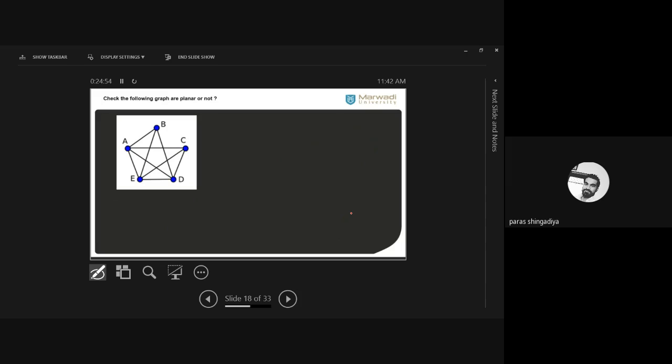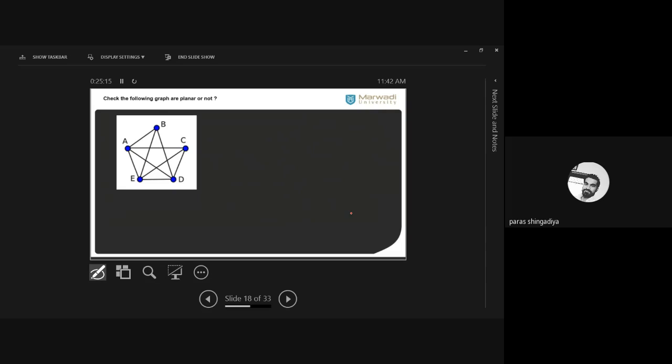Now try this one. Here it is the embedding procedure. You have to apply that and check whether it will be planar or not. All of you tried? It's very easy.